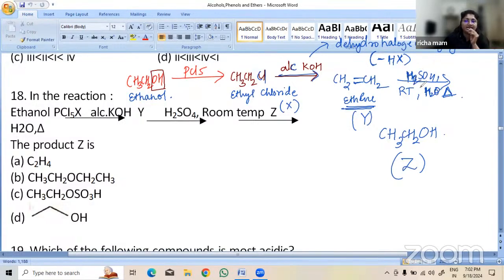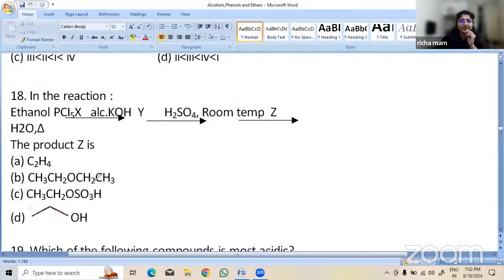H2SO4 is a hydrating agent, so we get back our ethanol. So the answer is option D. I hope everybody has got it. Okay, let us go for the next one.